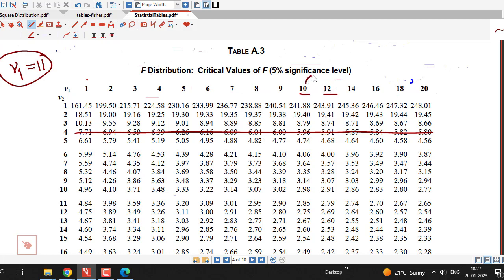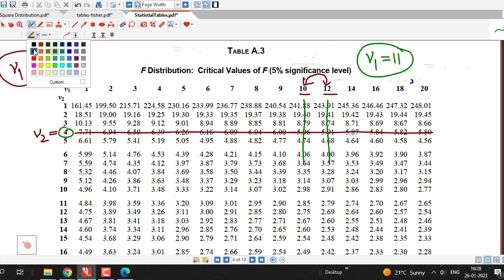So what we can do is find the average of the values corresponding to these two degrees of freedom, and nu2 equal to 4 is given. So now we will search for these two intersections. Because I do not have nu1 equal to 11, I will take values corresponding to nu1 equal to 10 and nu1 equal to 12, and for this nu2 equal to 4, and I will take their intersection and then find their average.